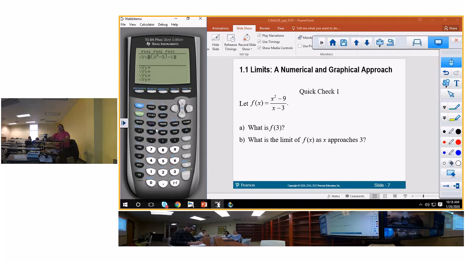Now, what can somebody tell me about this problem? It's a rational function, right? So what does that mean?